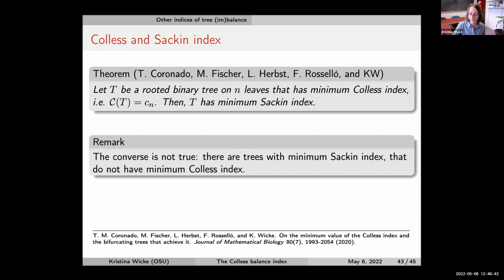Whereas for the Colless index, this is not true. For the Colless index, we need this technical characterization. Okay, so in particular, the Colless index is a little bit more restrictive in considering trees as balanced than the Sackin index.